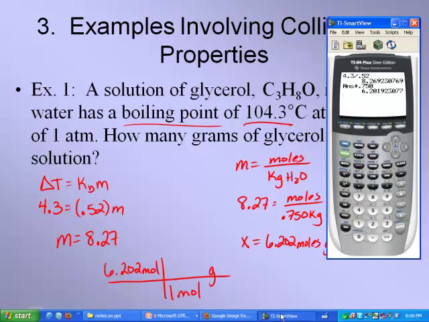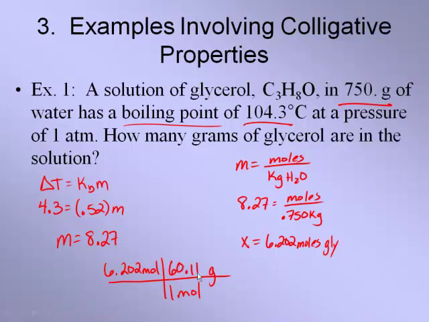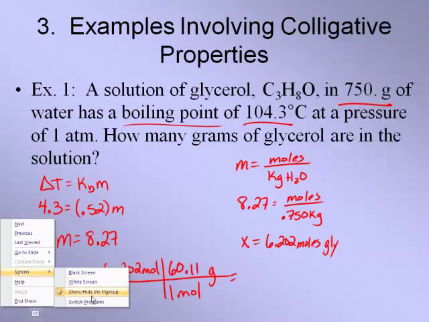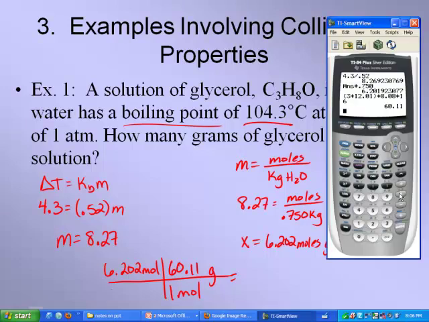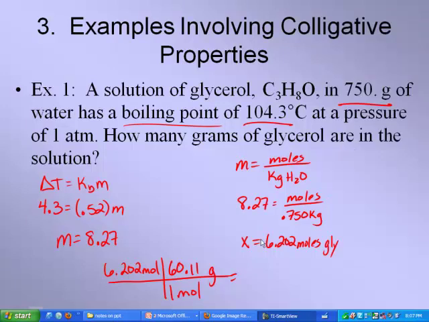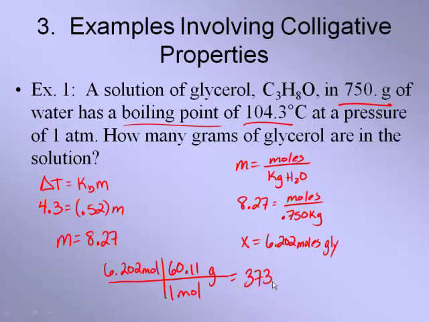I don't know the weight of glycerol off the top of my head, so I'm going to add it up real fast. So I've got 3 times 12.01 plus 8.08 plus 16 is 60.11 grams times 6.2019 is 373 grams of C3H8O.